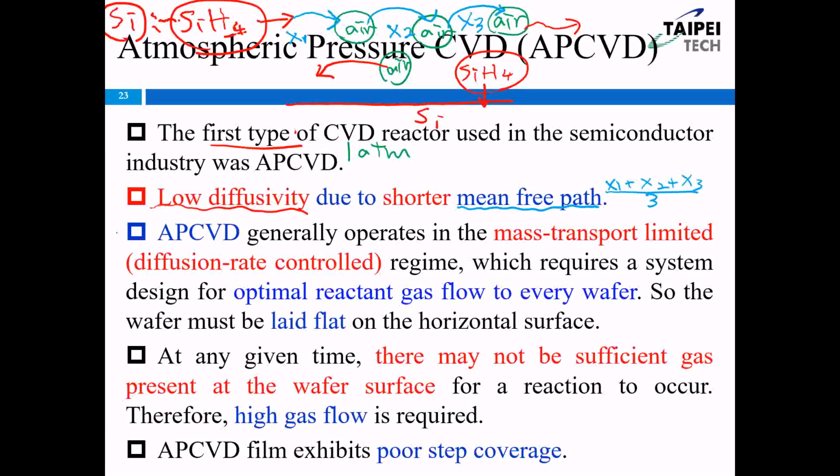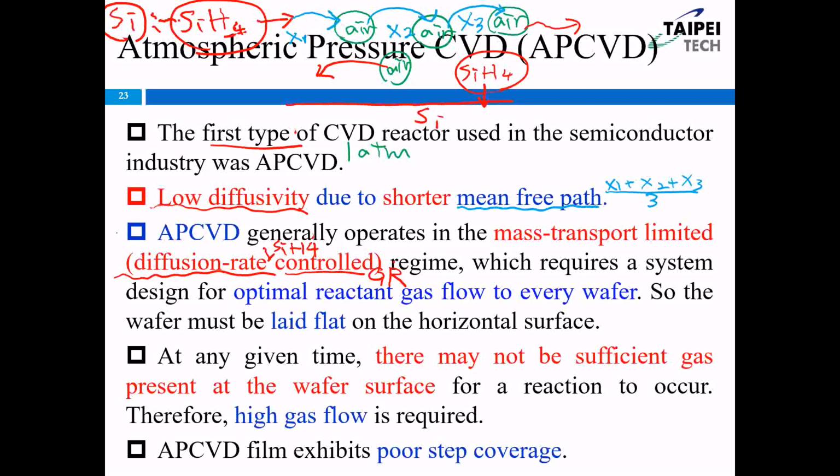Of course, APCVD generally operates in the mass transport limit. It means APCVD always operates in the region of diffusion rate control. Diffusion rate of the silane controls the deposition rate, the growth rate, okay?